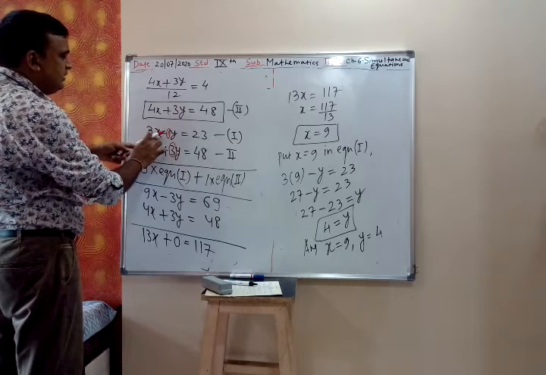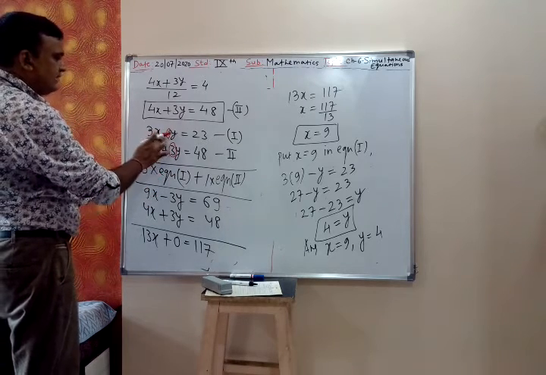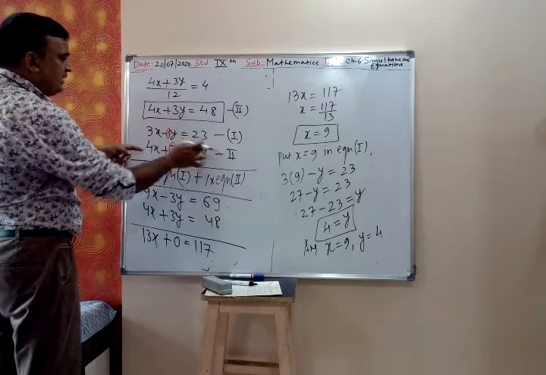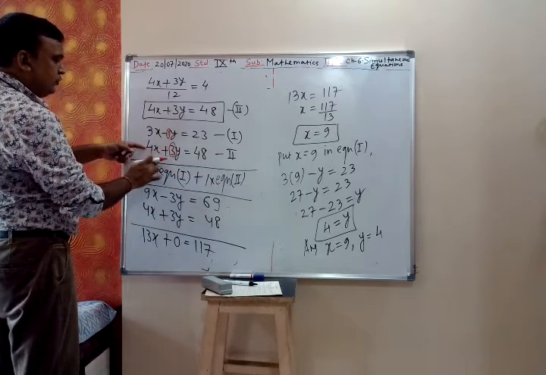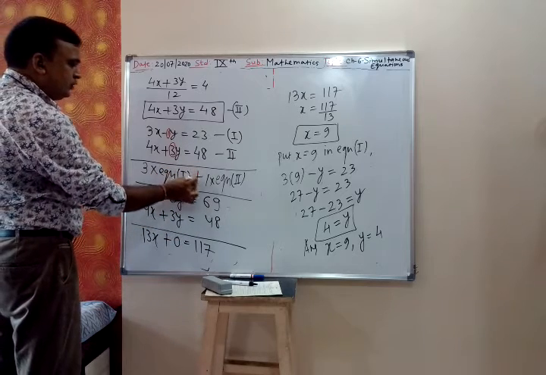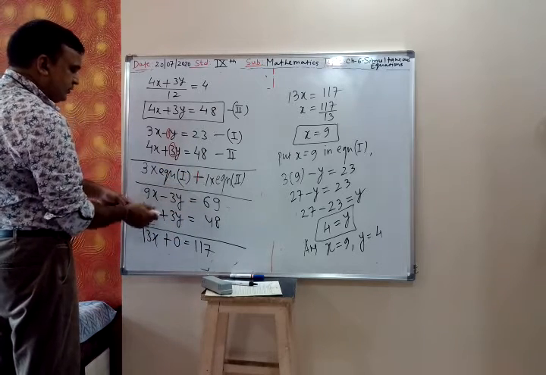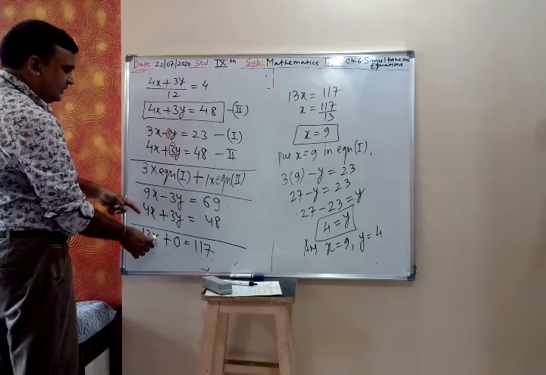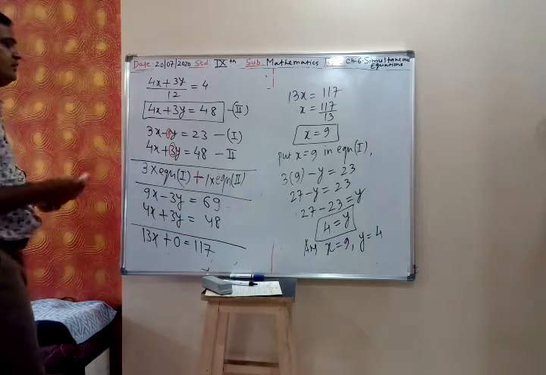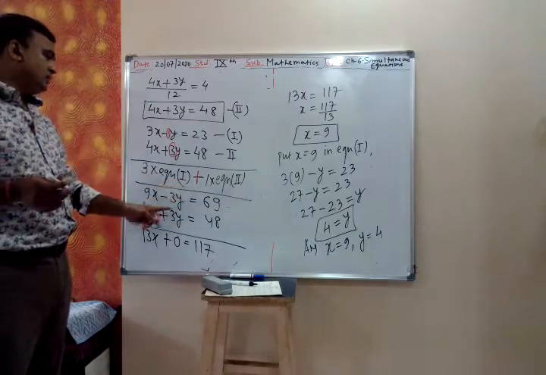So 3 into 3, 9x minus 3y is equal to 23 into 3, 69. Then equation 2 I will multiply by 1. So 4x plus 3y is equal to 48. Then plus means do not change the sign. So directly we add: 9x plus 4x, 13x, minus 3y plus 3y, 0, 69 plus 48, 117.